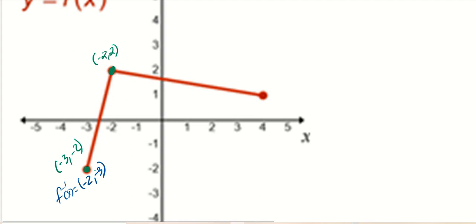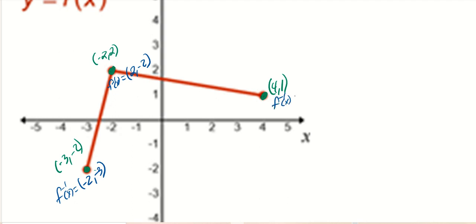So its inverse of this would be positive 2, negative 2. Okay? Now, if I look at this next point, I have positive 4 and 1, right? So what does that mean? That means that we would do the inverse of that, and that would give us positive 1, 4. All right?